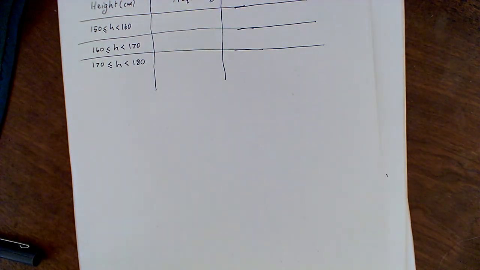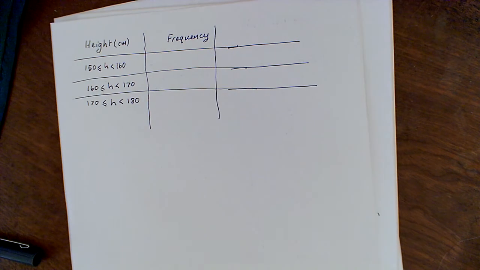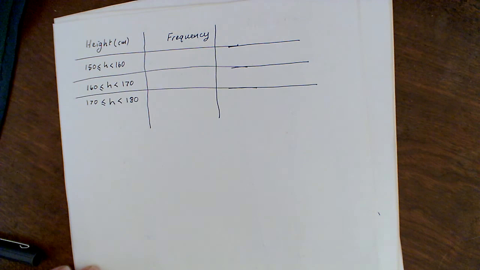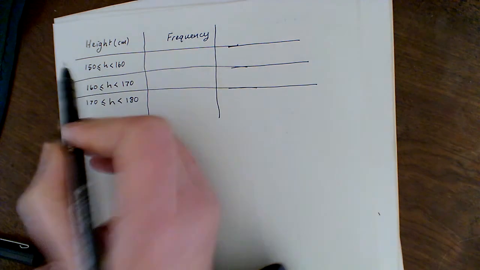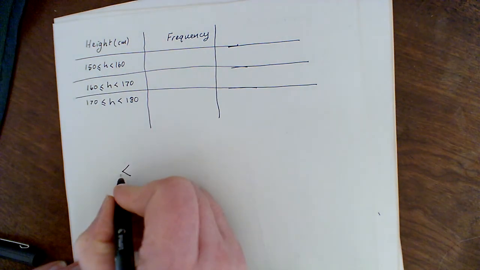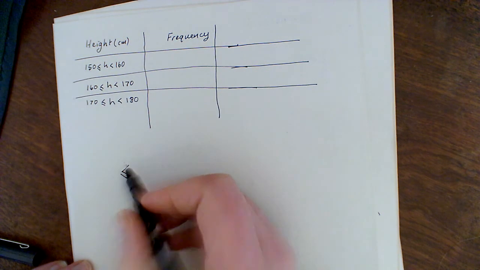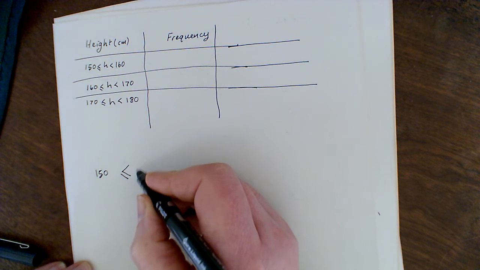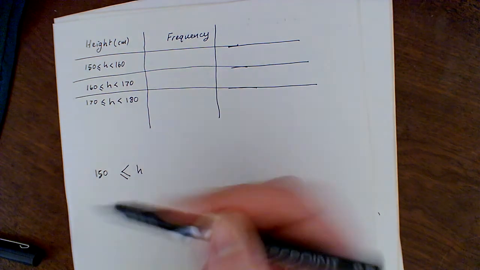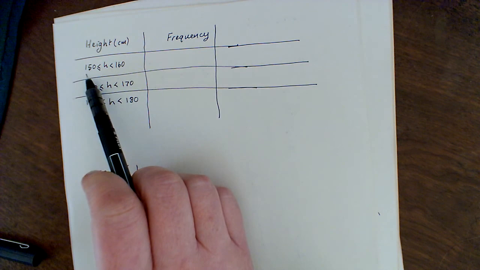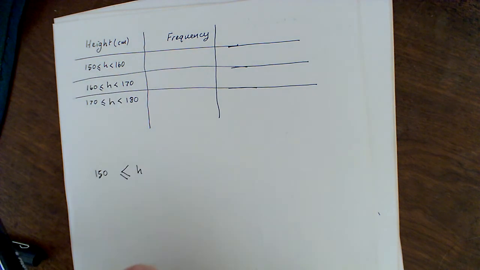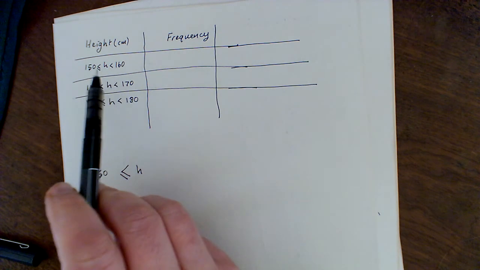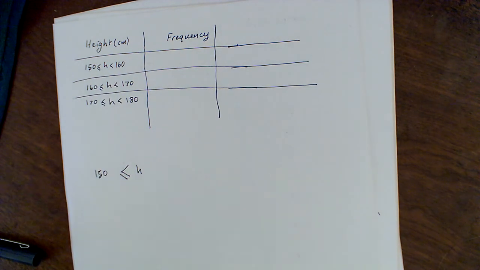So in order to split it up into clumps for a table like this, you want to make groups. So we use these little symbols here to show how it's split up. This one here means that 150 is less than or equal to h, the height. So anyone who's 150 centimetres tall would be in this group, and anyone who's 151, 152, 153, all the way up to, but not including 160.